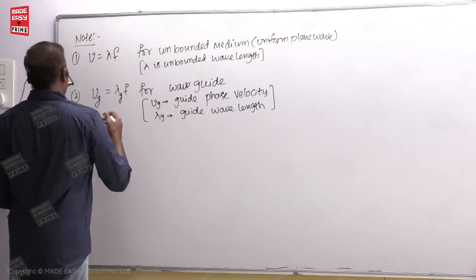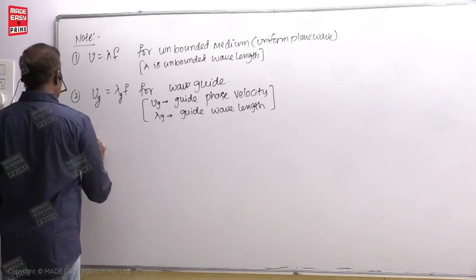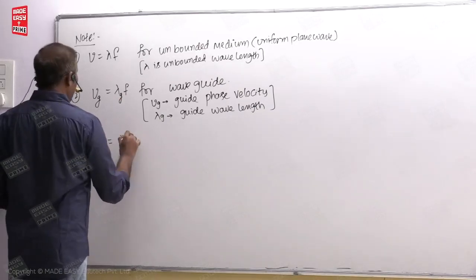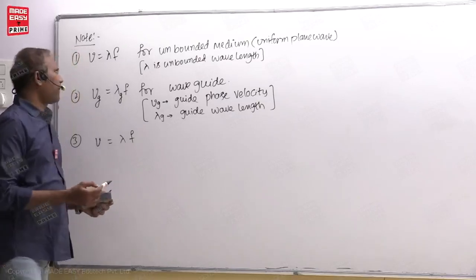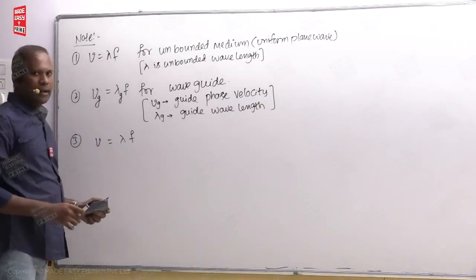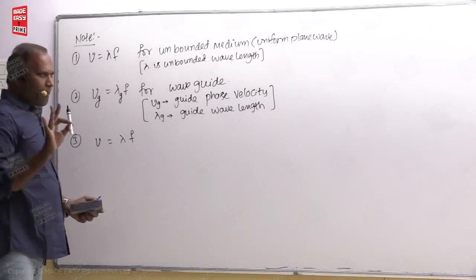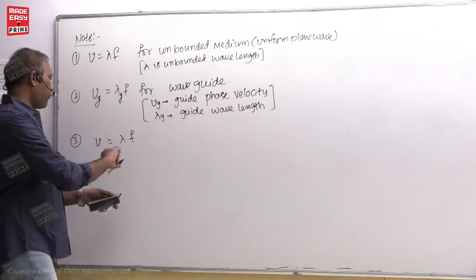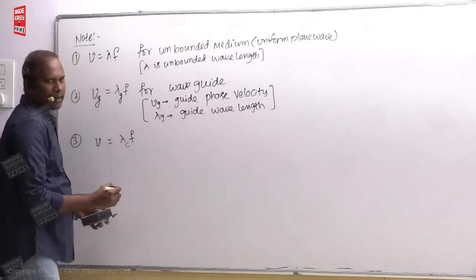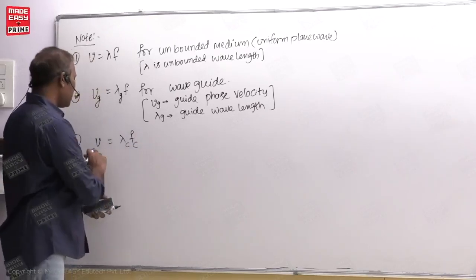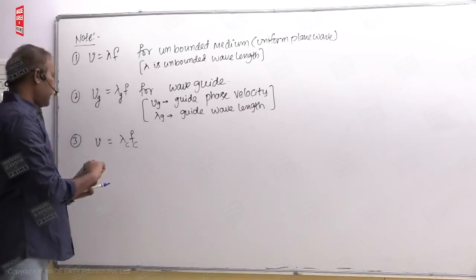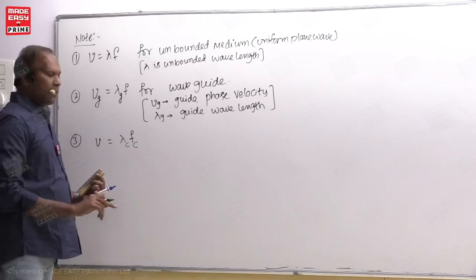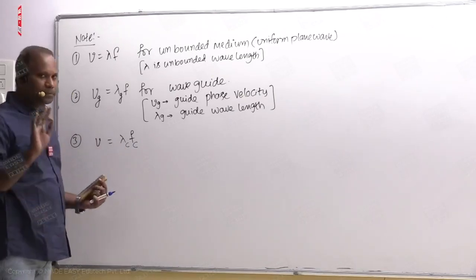Okay. Next, third one is V is equal to lambda into F. Once again I wrote this one. If I put C here, then I have to put C here, but this is V. Lambda c means cutoff wavelength and Fc means cutoff frequency.